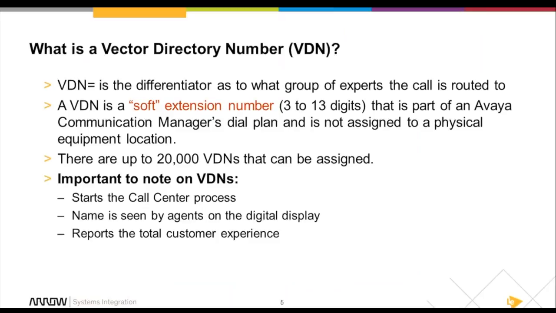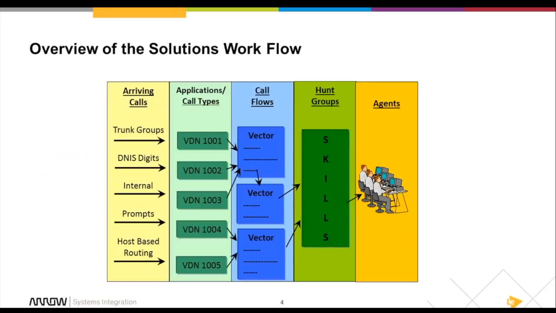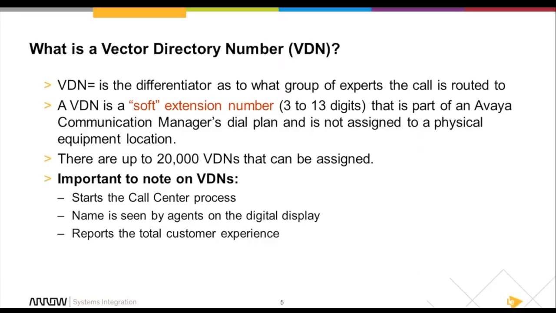So what is a vector directory number? It's a soft number. It could be 3 digits, could be 13 digits. You could have over 20,000 of them within your system. The reason a VDN is important is because when we look back here, it's where your flow starts. So it's the start of the call center process.